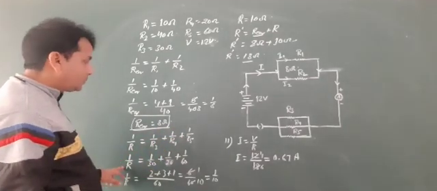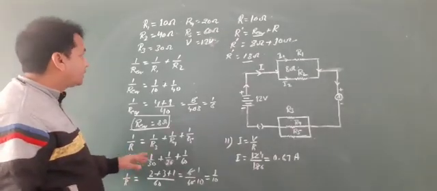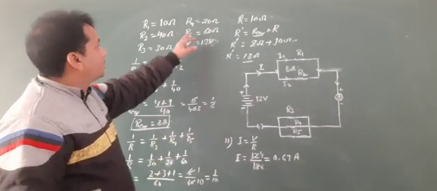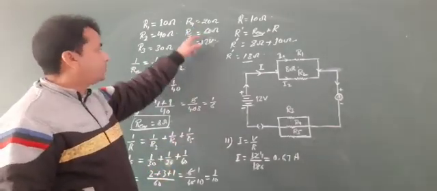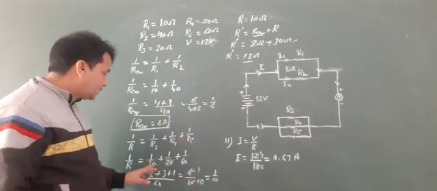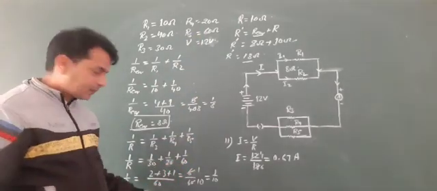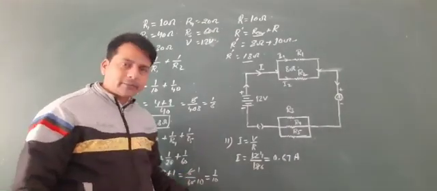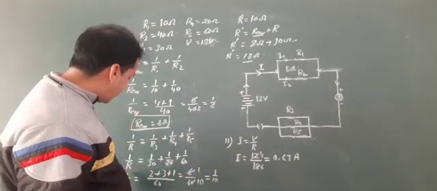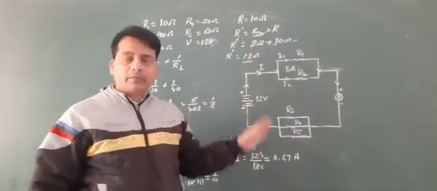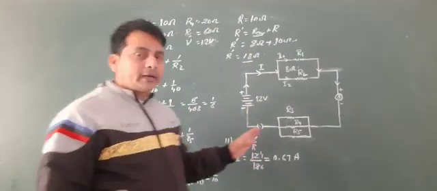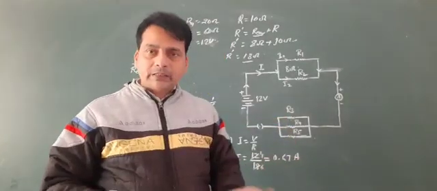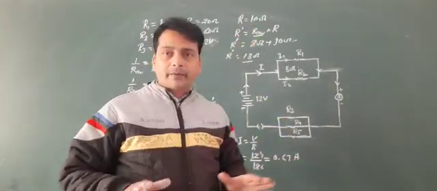Put R3 equal to 30 ohm, R4 equal to 20 ohm, and R5 equal to 60 ohm. The LCM of 30, 20 and 60 is 60, so 2 plus 3 plus 1, that is 6 by 60, which is 1 by 10. So it is clear that R equals 10 ohm. The equivalent resistance of R3, R4 and R5 is 10 ohm.